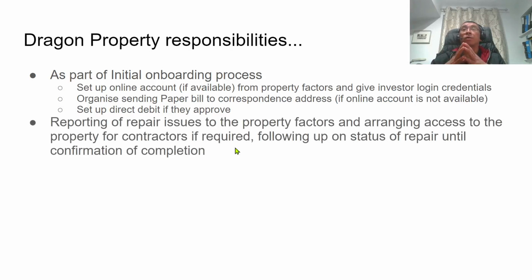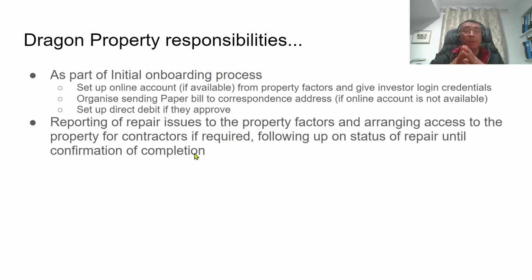Another responsibility of Dragon Property is that we are responsible for reporting repair issues and arranging access to the property if required, and following up on the status of the repair until satisfactory completion. So we will follow the whole process.